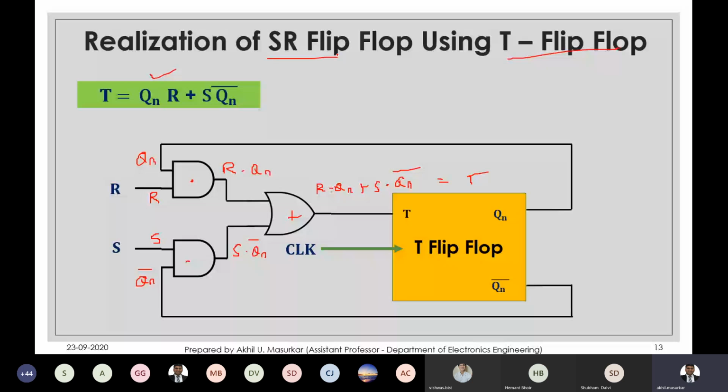So next is D using SR. Next is D flip flop using SR flip flop. Those who have finished the first one, start implementing D flip flop using SR flip flop.